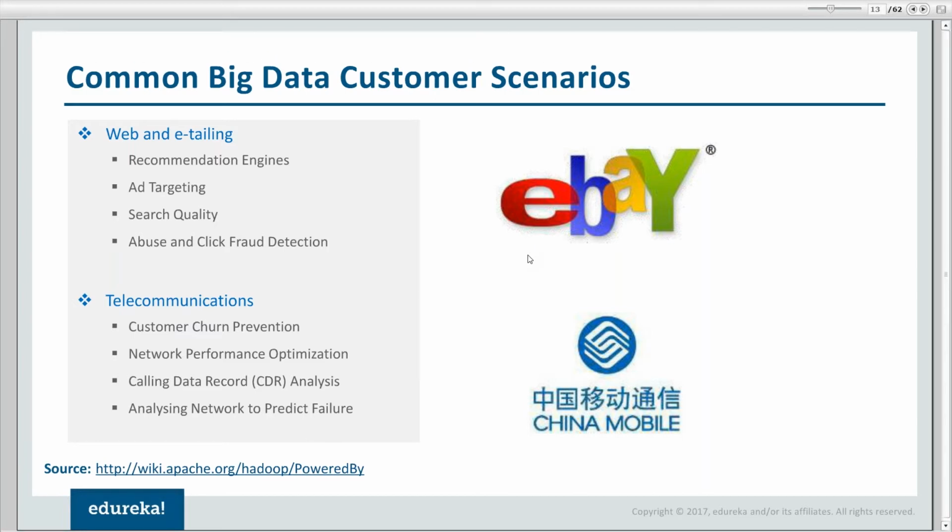Is there any disruption, disturbance or call disconnect? All these things I can find out. I can analyze the network and predict failure. I can do log analysis and a lot more. As a telecom developer, I can do it.